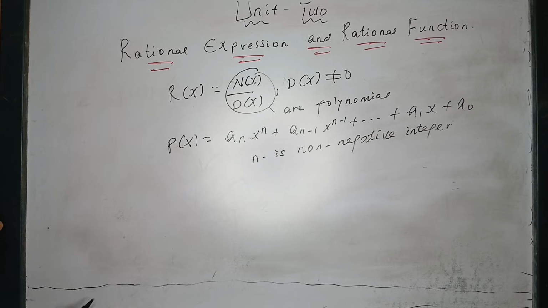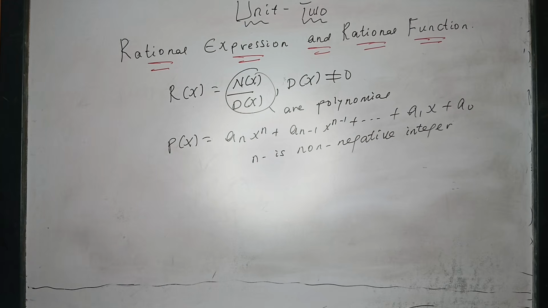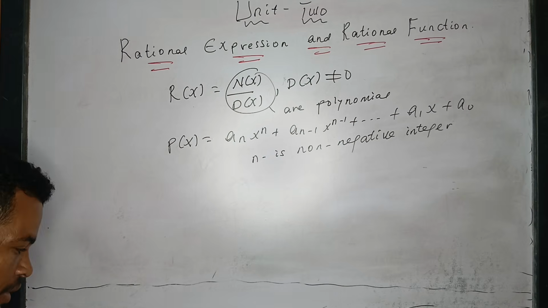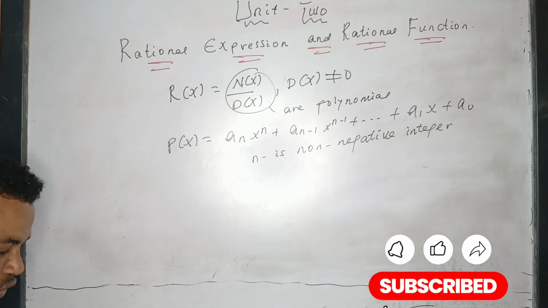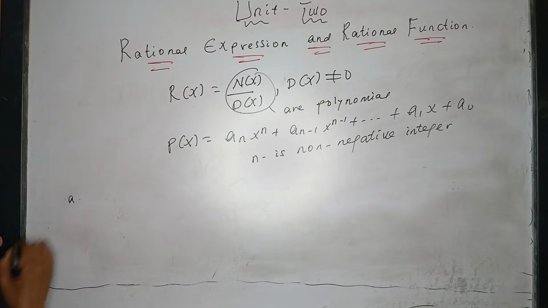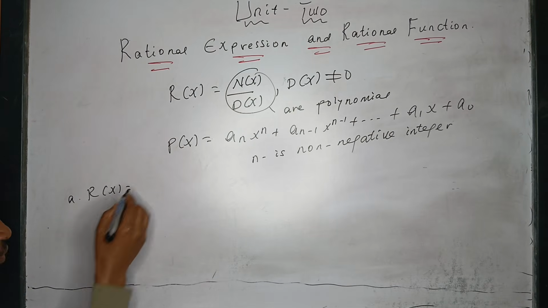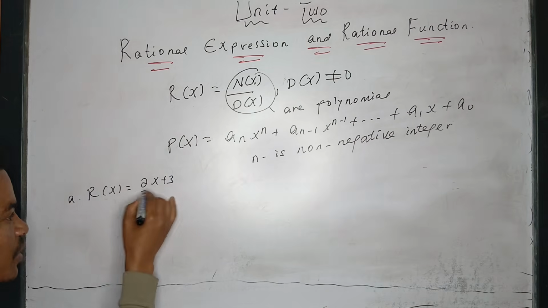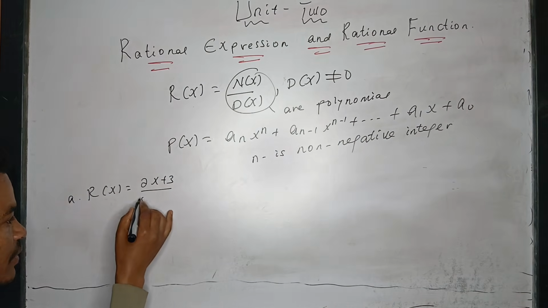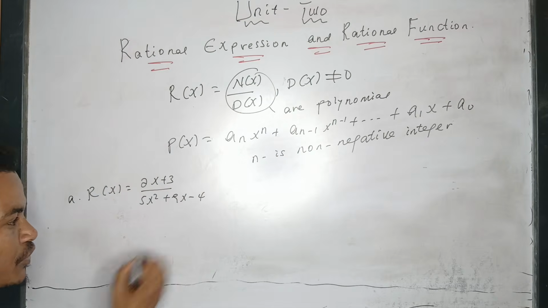So based on this, let's see how to identify whether the given expression is a rational expression or not. Identify the following as rational expression or not. A: r of x equals 2x plus 3 over 5x squared plus 9x minus 4.